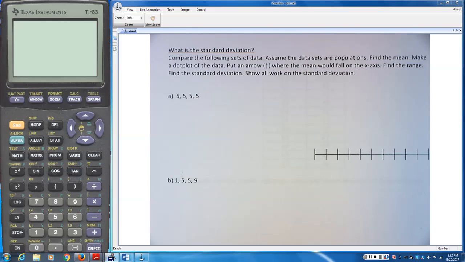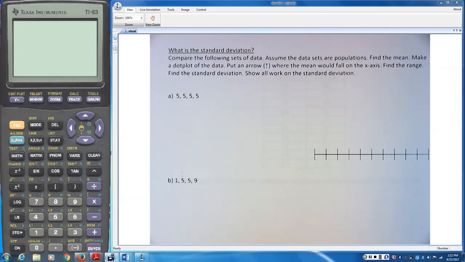So whatever we have, those 4 values are all there is. And we're going to find the mean and make a dot plot of that data. We're going to put an arrow where the mean would fall on the x-axis. Then we're going to find the range. And then after we've done all of that for all 3 sets, then we're going to find standard deviation.